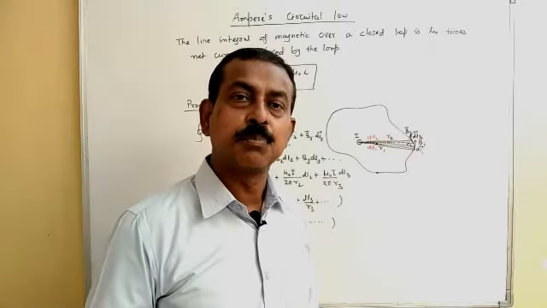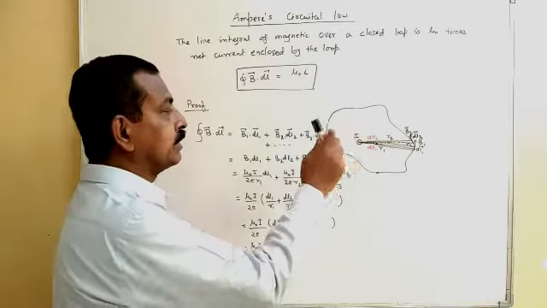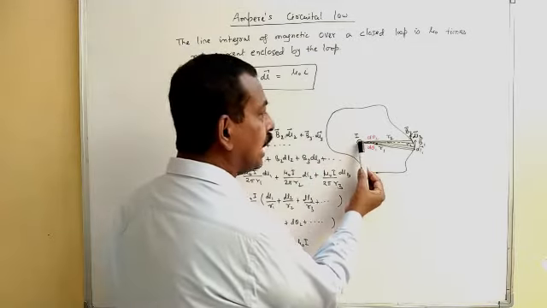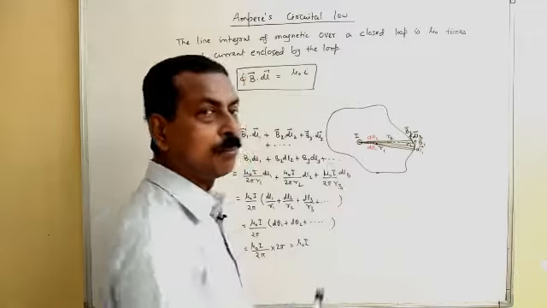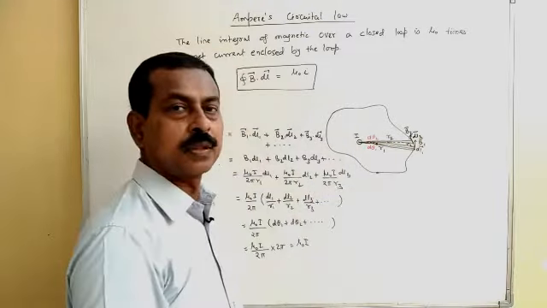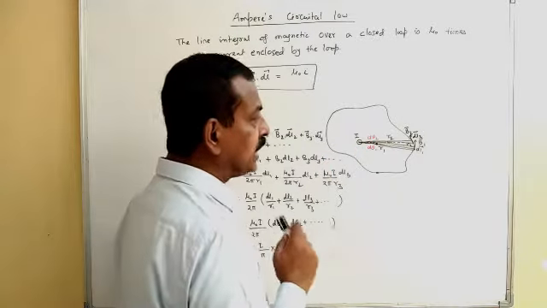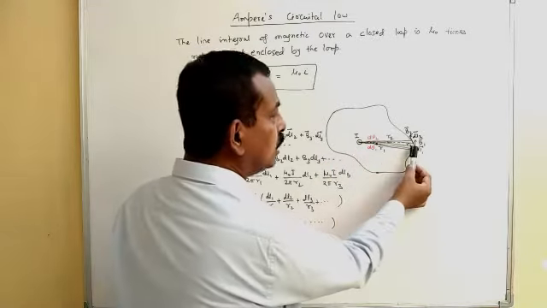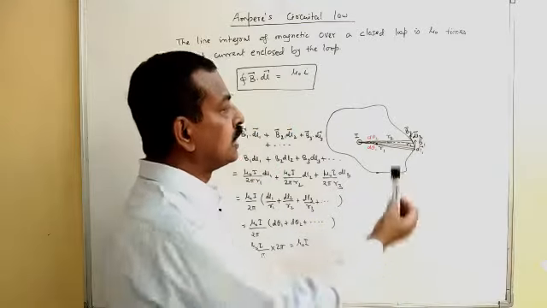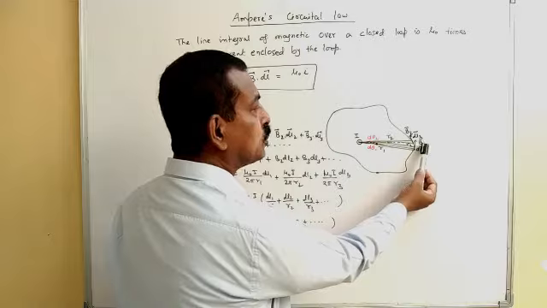Now let's take the proof of Ampere Circuital law. Suppose we have the current I which is coming out of the plane, and this is a closed loop which is enclosing this current. Now we take different elements. Say we take a particular point here where the magnetic field is B1.